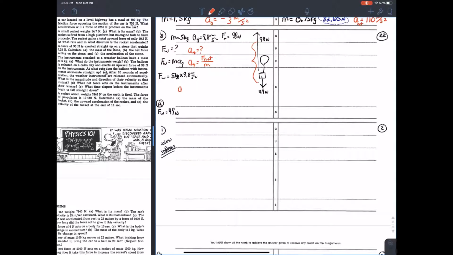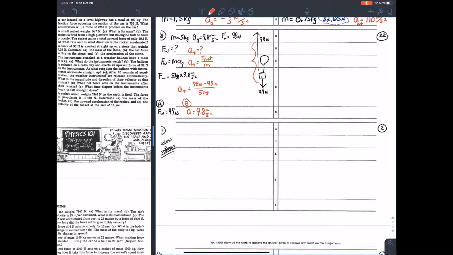So the net acceleration is going to be the sum of all of the ups minus the downs divided by the mass of your object, 5 kilograms. So we'll put this into the calculator for part B. And part B, we get an acceleration of 9.8 meters per second squared.